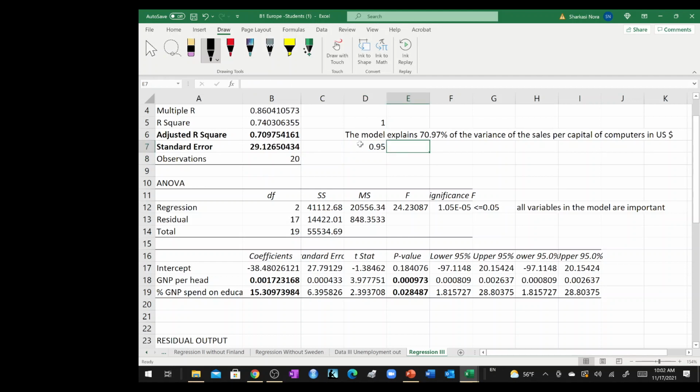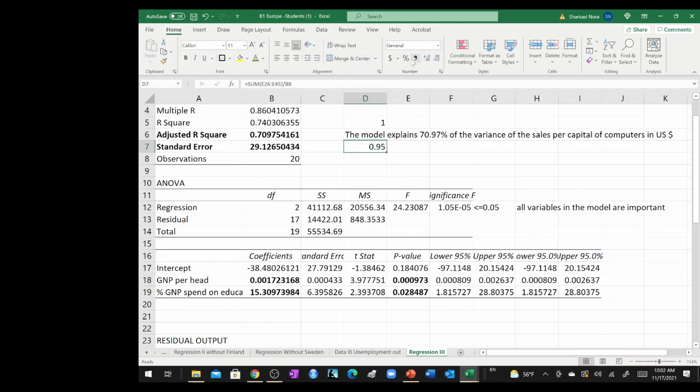So 95%, so you can put it as a percentage. You can say 95% of the data points lie within two standard errors. Okay? All right.